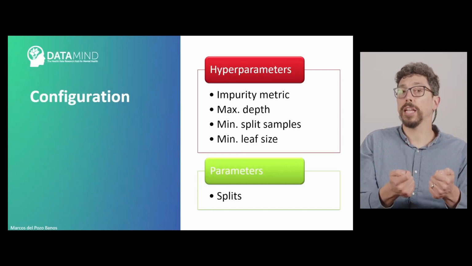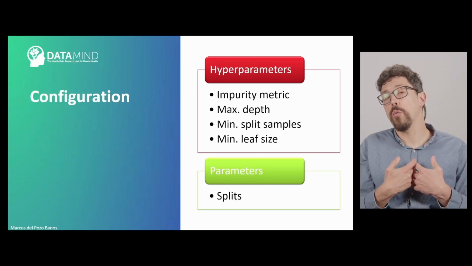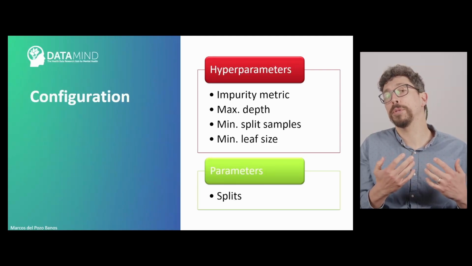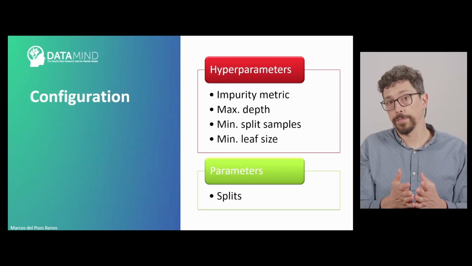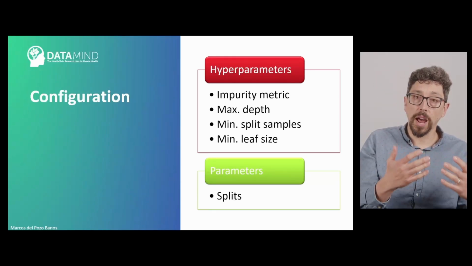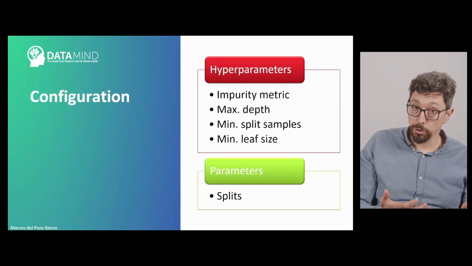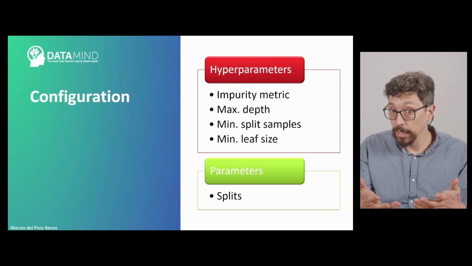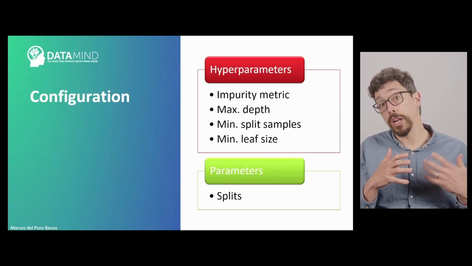So all of these variables need to be set beforehand. There is no way for us to decide what the optimal value of these is by just looking at the training data. So then what are the parameters that the decision tree needs to learn, and can indeed learn automatically by consuming training data?